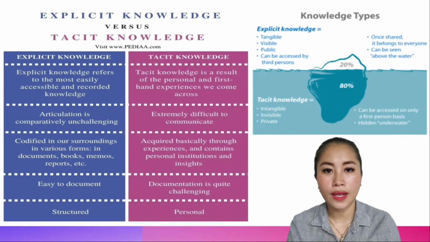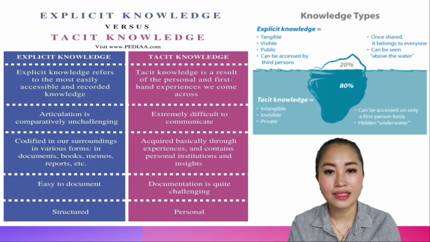Explicit knowledge refers to the most easily accessible and recorded knowledge. Tacit or implicit knowledge is a result of the personal and first-hand experiences we come across. In explicit knowledge, articulation is comparatively unchallenging, while in tacit knowledge, it is extremely difficult to communicate.